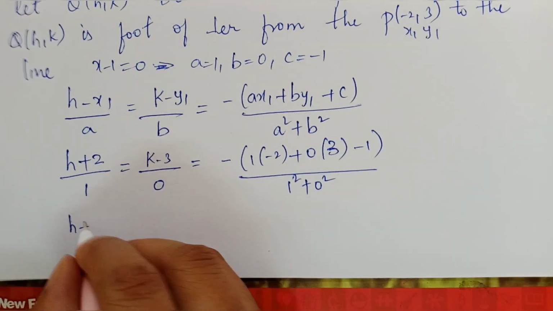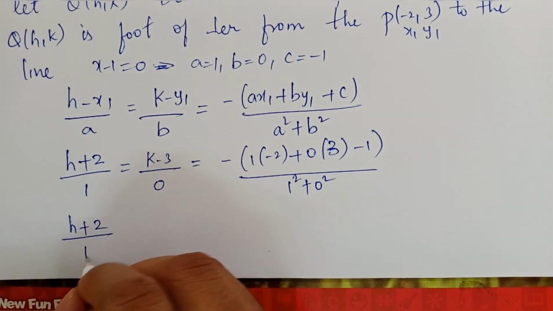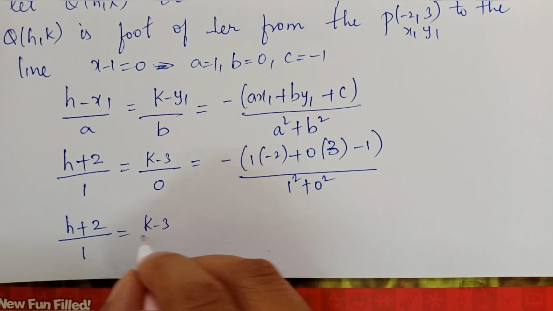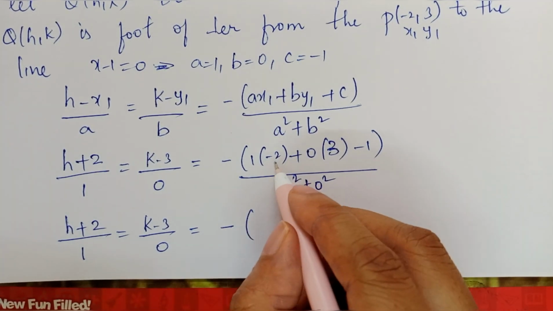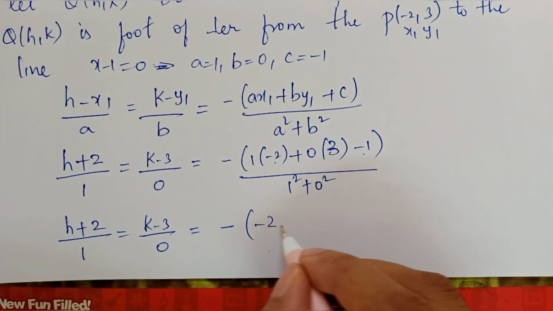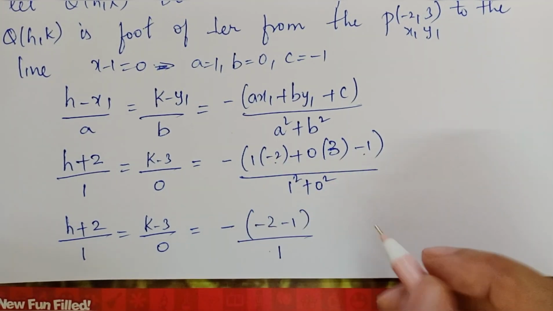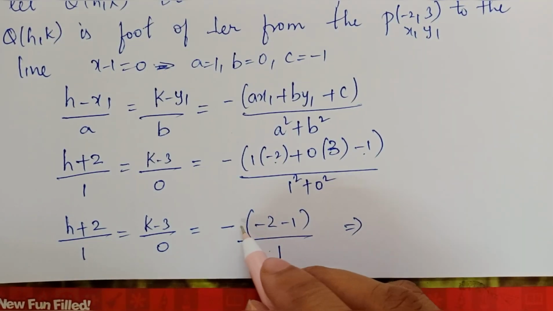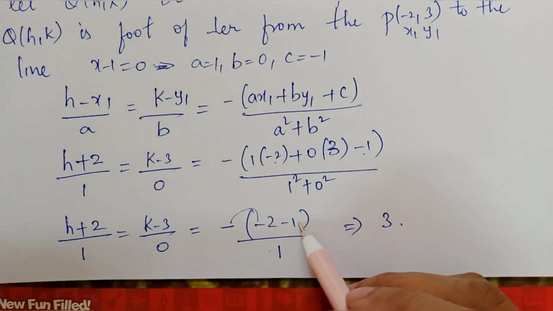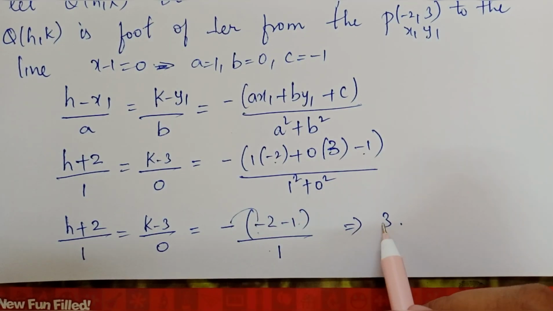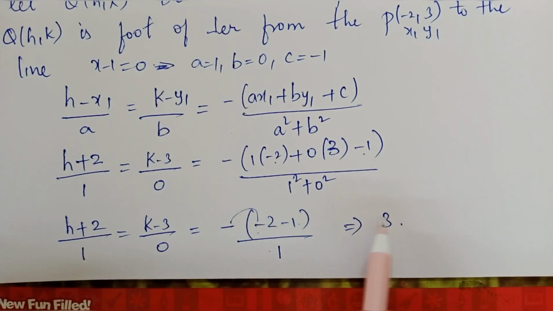So we'll get (h + 2)/1 = (k - 3)/0 = -(-2 - 1)/1, right? So this is nothing but minus of minus becomes plus, so this is equal to 3, right? -2 - 1 is -3, negative of negative is a positive 3, so we will equate both the terms with 3 now.